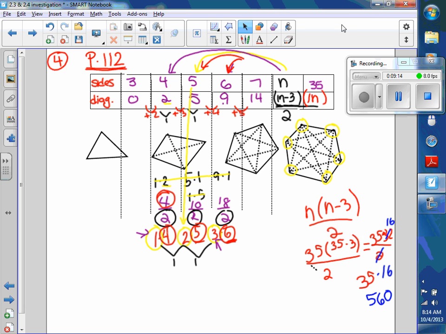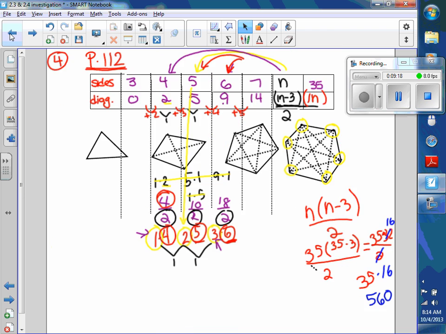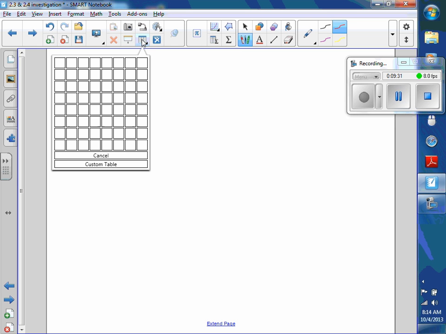So I get that, but what if there's a problem where there's no picture? What if I said, here's a new table? So let me just draw a new table.